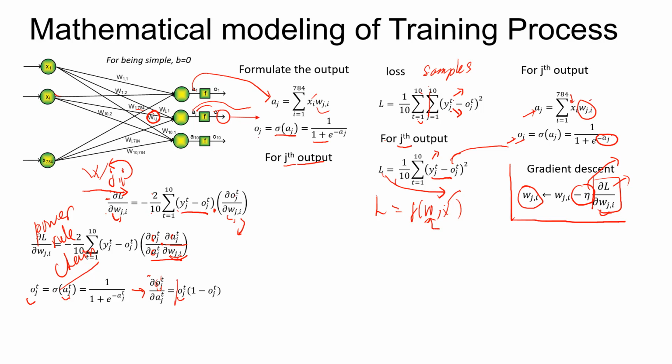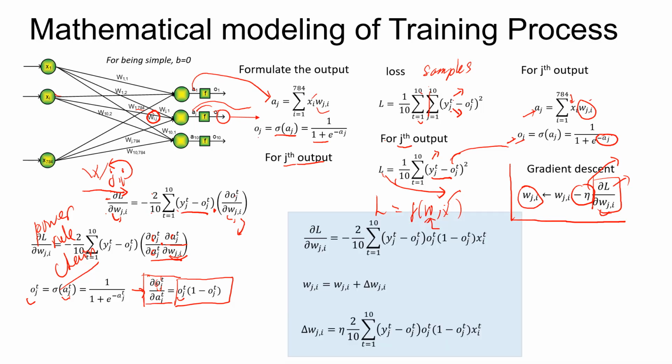That's the equation. We can do some calculation, and we obtain this. Finally, we can substitute this in, and we obtain the derivative of the loss function with respect to wi equal to minus 2 divided by 10.